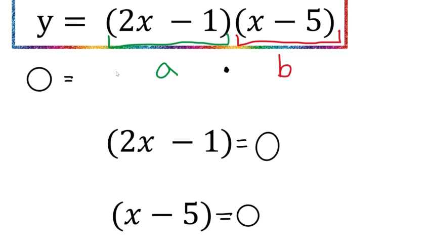So now that we know that 2x minus 1 is equal to 0 and x minus 5 is equal to 0, this is binomial product A and binomial product B, we're just going to simplify and isolate our x variables.